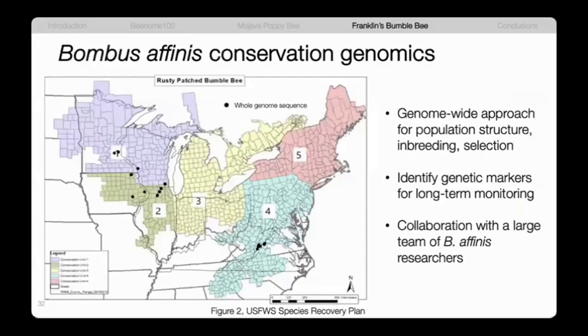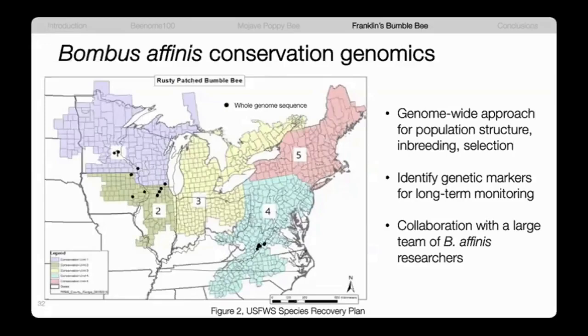So a related ongoing project that I want to mention, but I unfortunately don't really have time to share the details. We have whole genome sequence data from 66 Bombus affinis individuals from multiple conservation units as defined in the species recovery plan. And you can see them identified with black dots on this map.